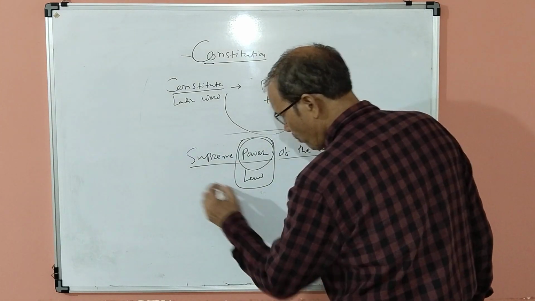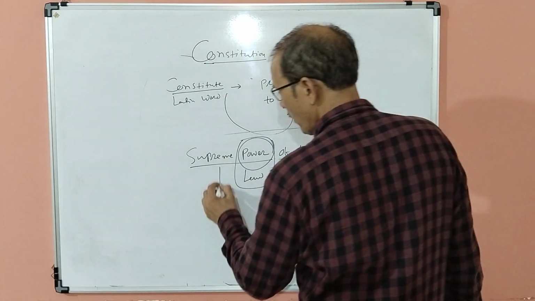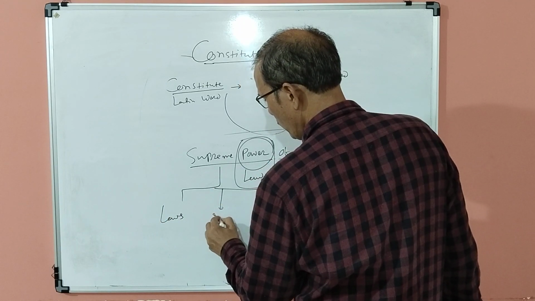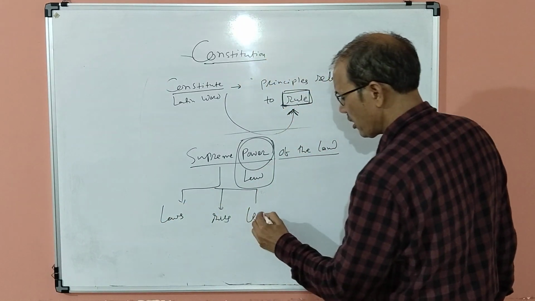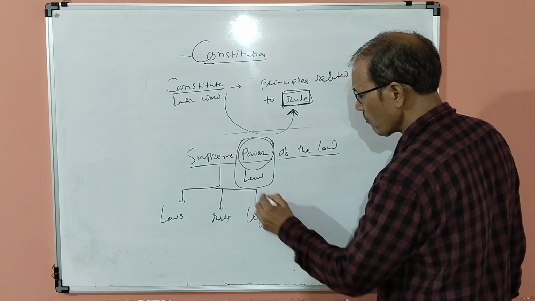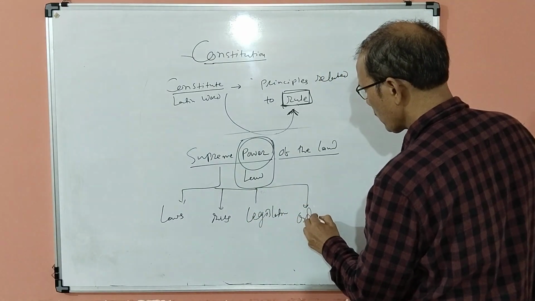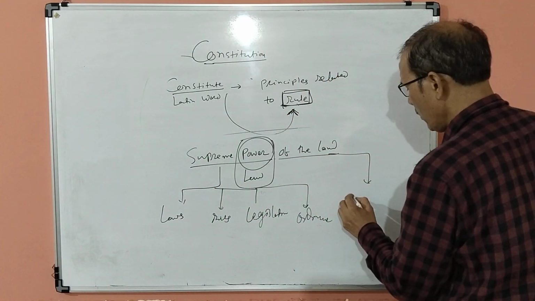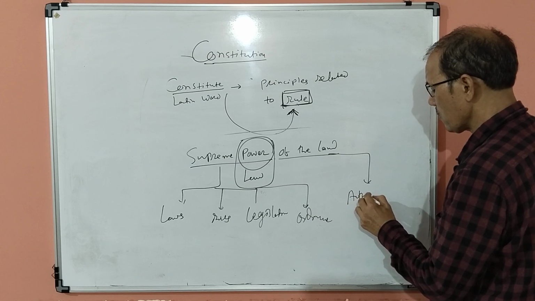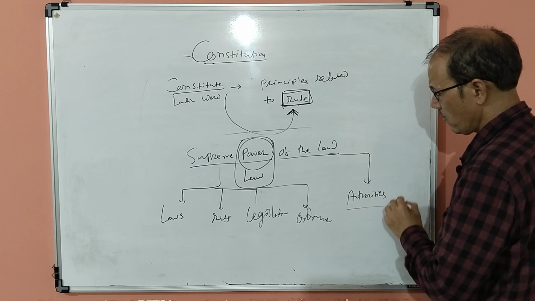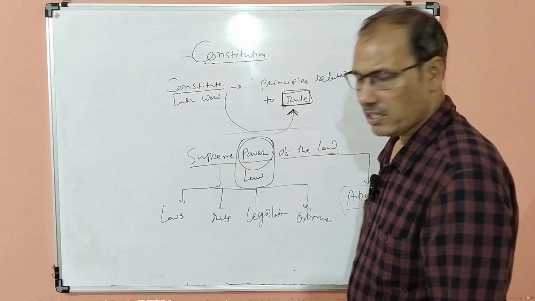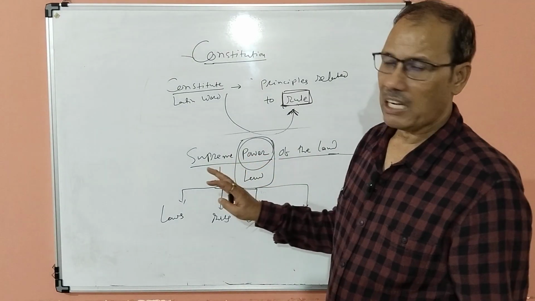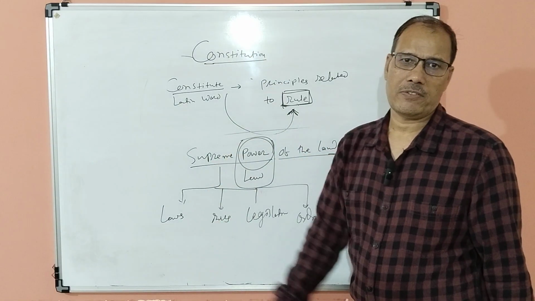And all other, what does that mean? All other laws, rules, legislations, ordinances, and authorities, either the Prime Minister or the President, are all governed by the supreme law, the Constitution.